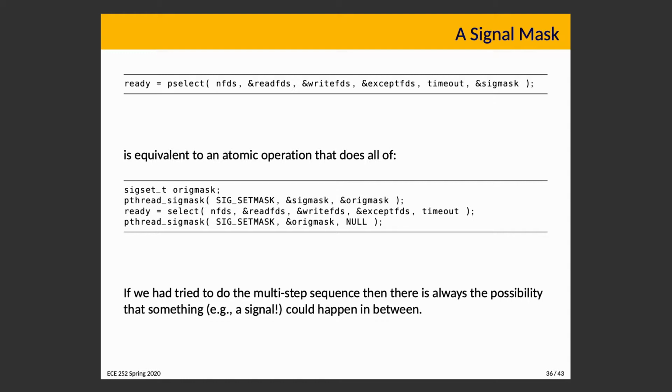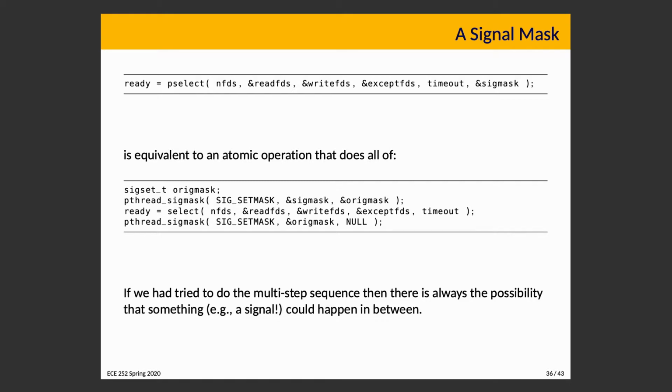So we have an original sigmask. Okay, the atomic step doesn't cover the allocation of the sigmask, but the three steps following, where you set the signal mask, and then you do select, and then you restore the original signal mask. You may notice, actually, that the function here, pthread_sigmask, looks different than what we did when we worked with signal masks before.